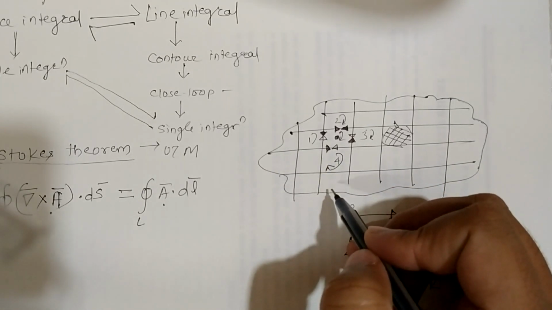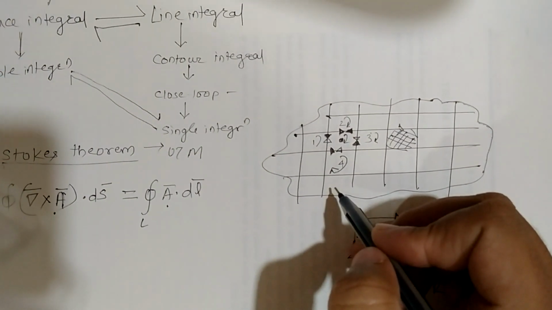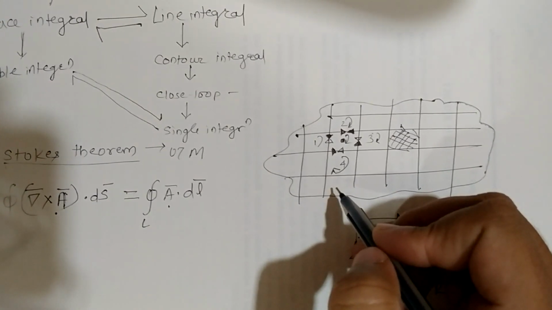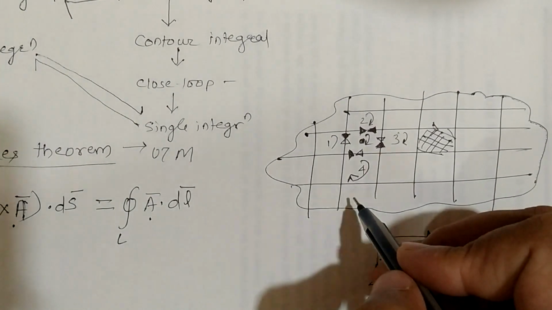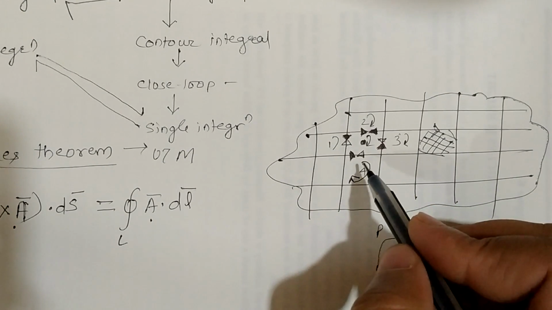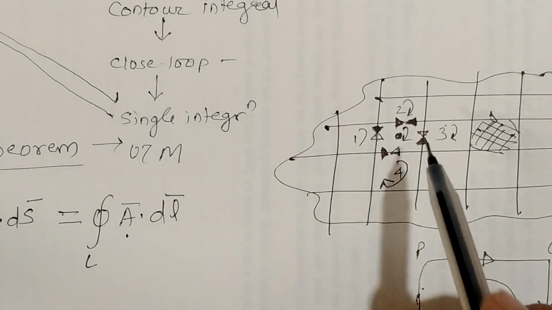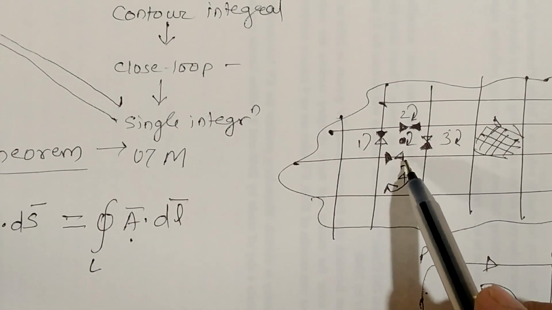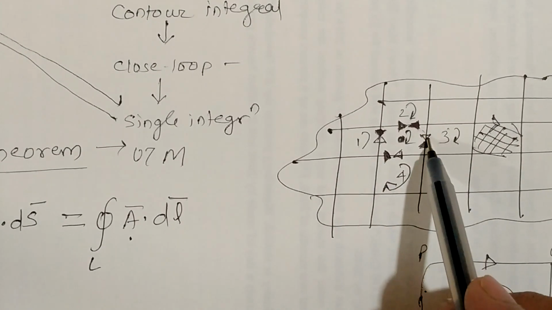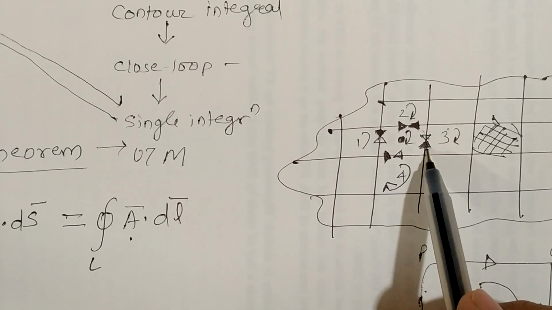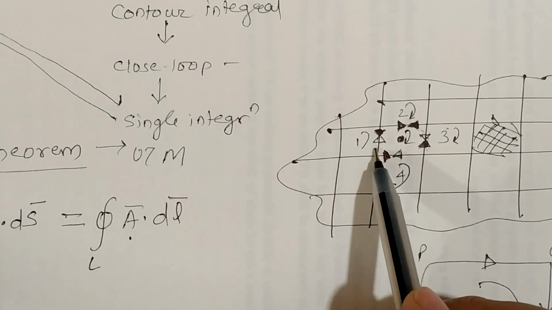Now if you see the diagram, this arrow will cancel this arrow, the downward arrow will cancel the upward arrow, your left hand arrow will cancel your right hand arrow, and the same case for this one.